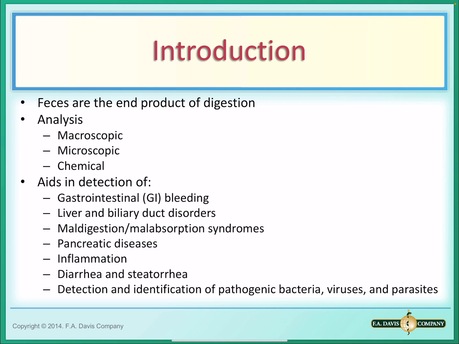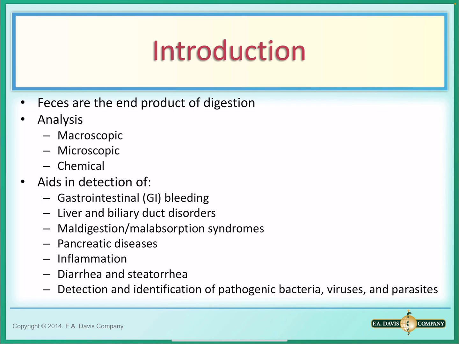What is feces? Feces are the end product of digestion. We in the laboratory can do an analysis of the feces macroscopically, microscopically, or we can do a chemical analysis. Doing these types of analysis helps to detect different conditions.